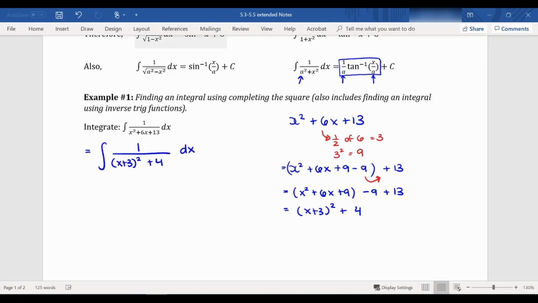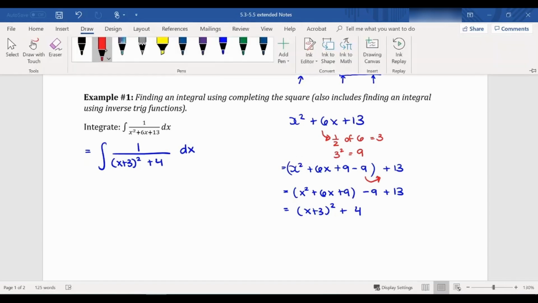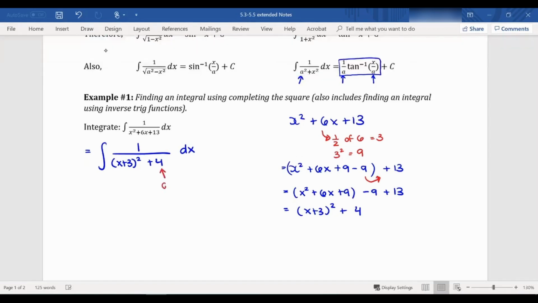And I can see that this sort of looks like this inverse tan integral where I have the a squared. So instead of an a squared, I have a 4. So this means that a is 2. And instead of an x squared, I have an x plus 3 squared.